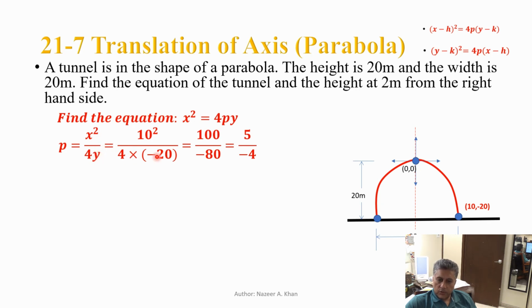So when I crunch the numbers, 10 squared is 100, and 4 times minus 20 is minus 80. I'm going to reduce that by dividing everything by 20, so I get that as my p. The equation says 4p, so that is my p.